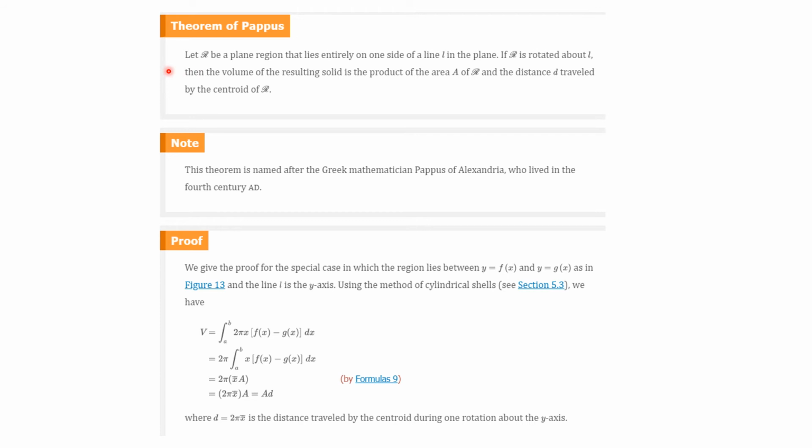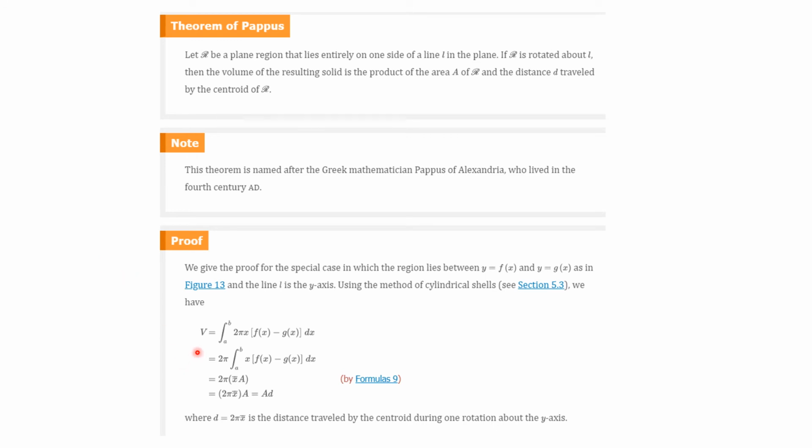Let script R be a plane region that lies entirely on one side of a line L. If script R is rotated about L, then the volume of revolution of the resulting solid is the product of the area, A, and the distance D traveled by the centroid of R.